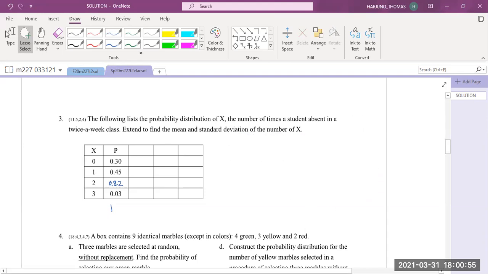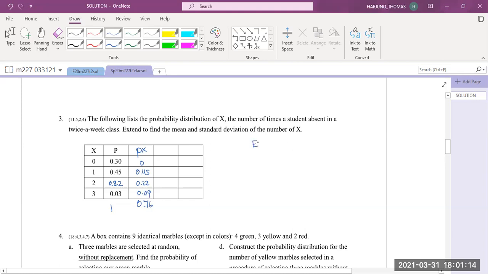Now, once you are done with that, then you can extend it. Px, this is 0, this is 0.45, 0.22, 0.09, which when I add, I get 0.76.